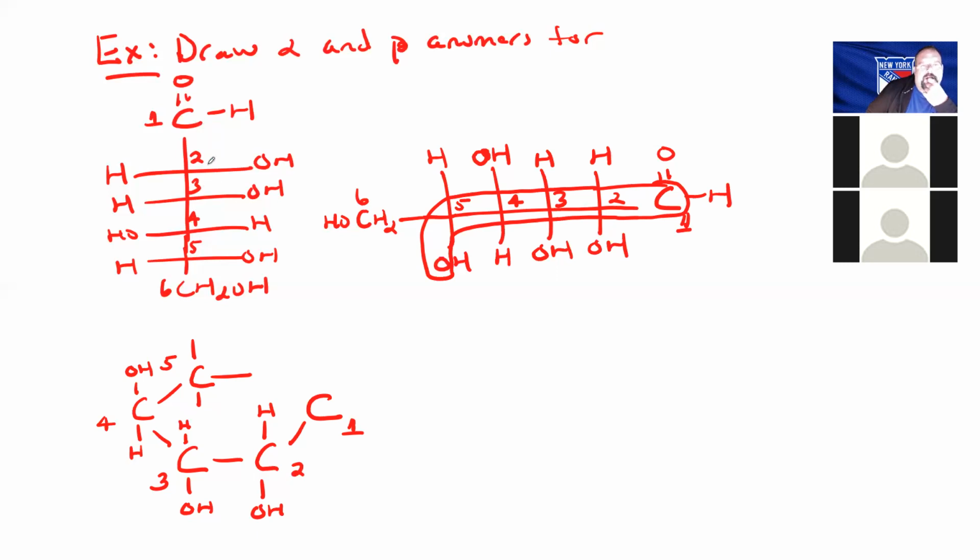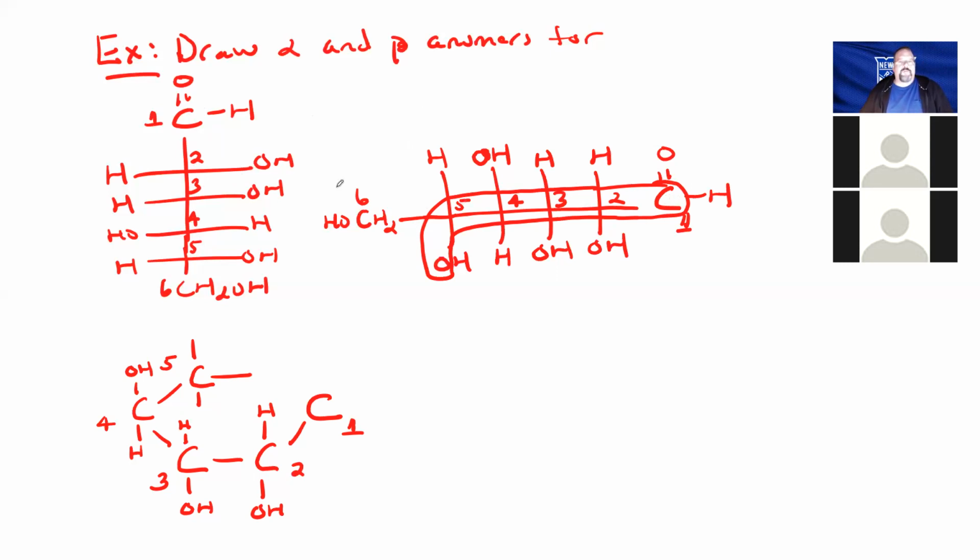So the first step in the process is to take the Fischer projection and turn it 90 degrees clockwise, and to draw it from right to left. Now, essentially, when we turn 90 degrees clockwise, think about a clock. If you're at 12 o'clock at the top, you're going to end up to the right, 3 o'clock.